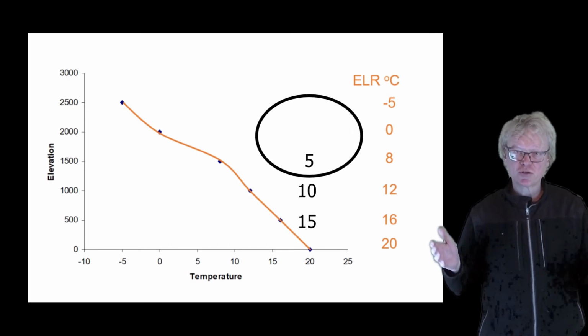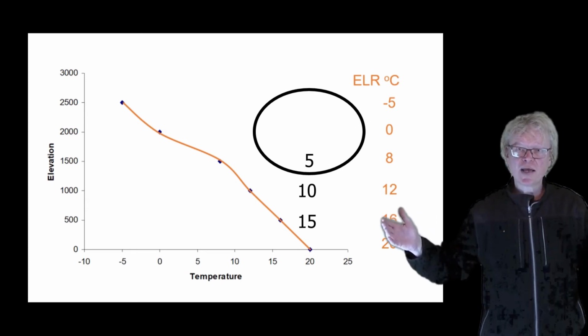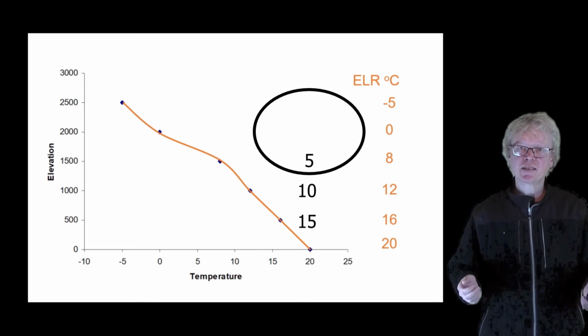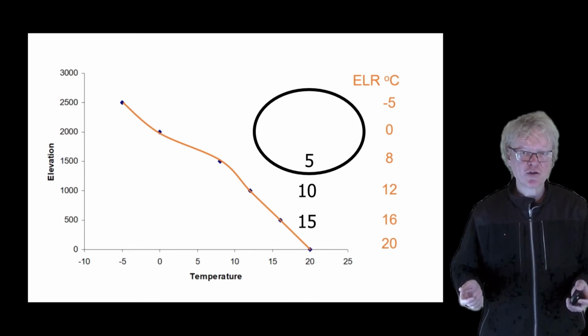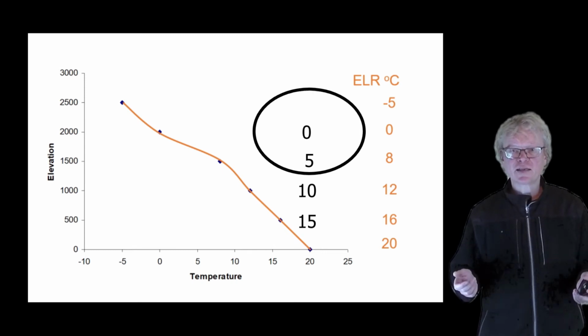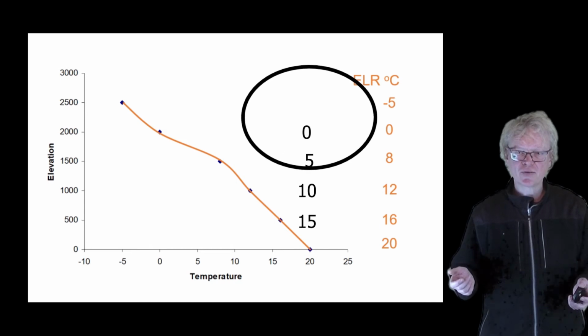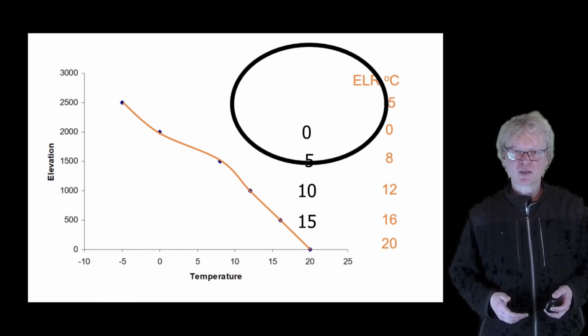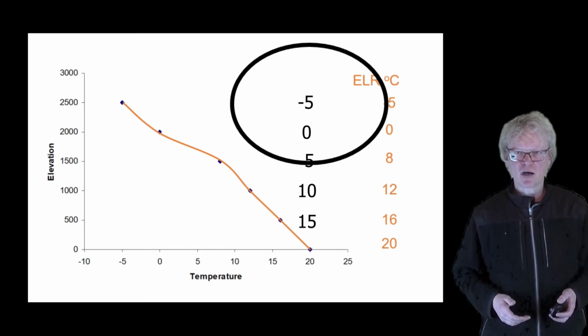So it rises further to 2,000 metres, it expands a bit more, and via the ideal gas equation, its temperature becomes 0 degrees. And then finally, it gets to 2,500 metres, it's expanded, and via the ideal gas equation, its temperature is -5 degrees.